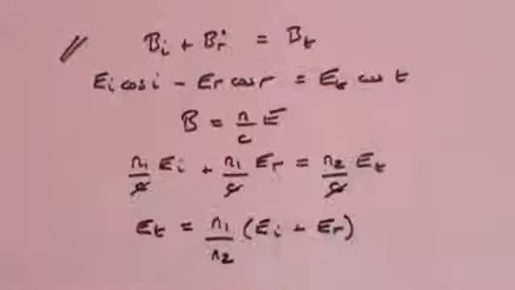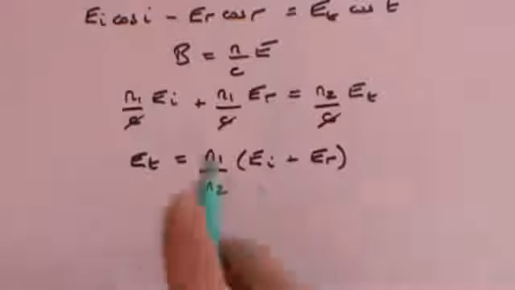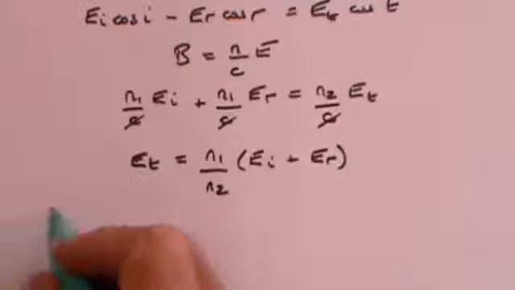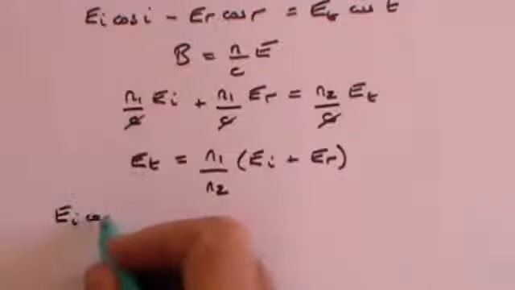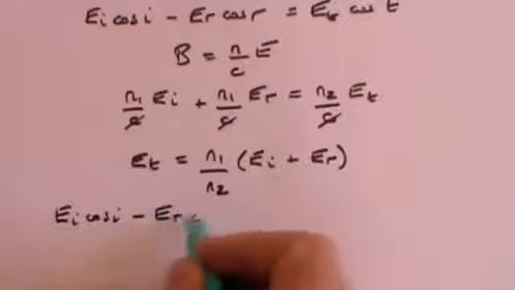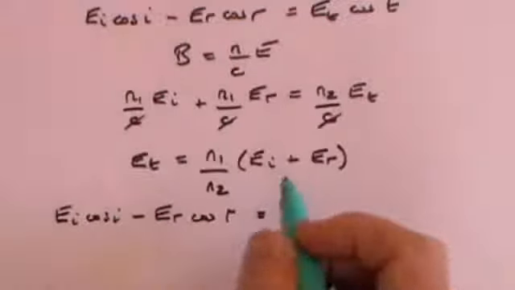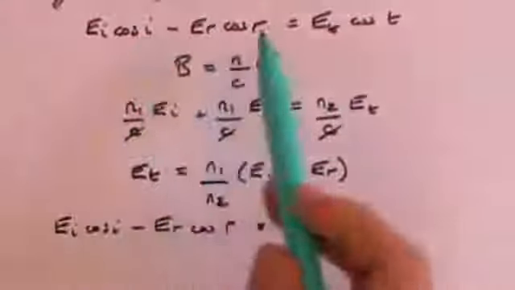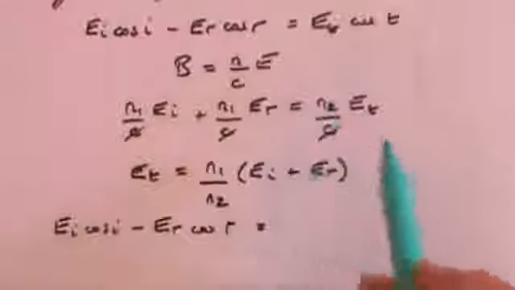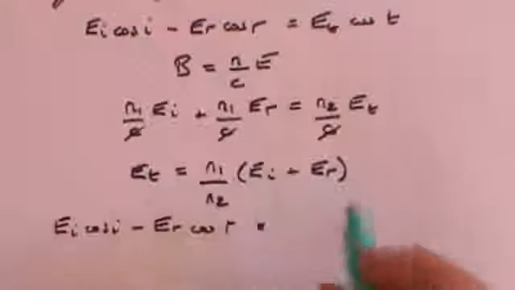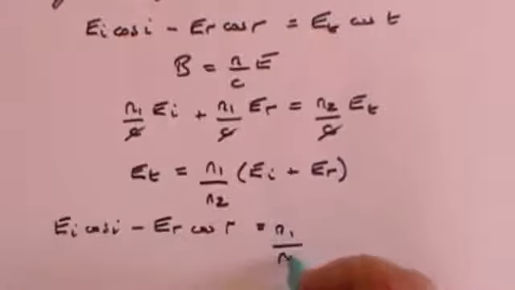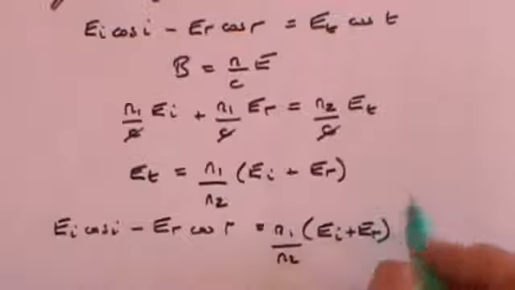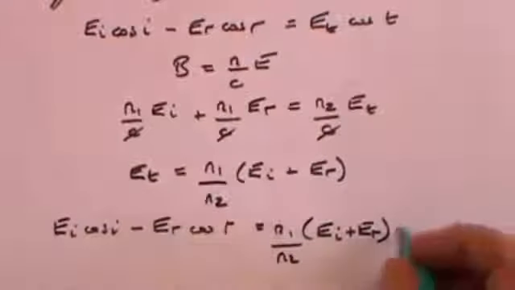So we're going to get that EI, start well over on the left hand side, EI times cosine I minus ER times the cosine R equals, that's this formula up here, down a bit so you can see it. So far no change, but for ET we're going to put in N1 over N2 into EI plus ER times cosine T.